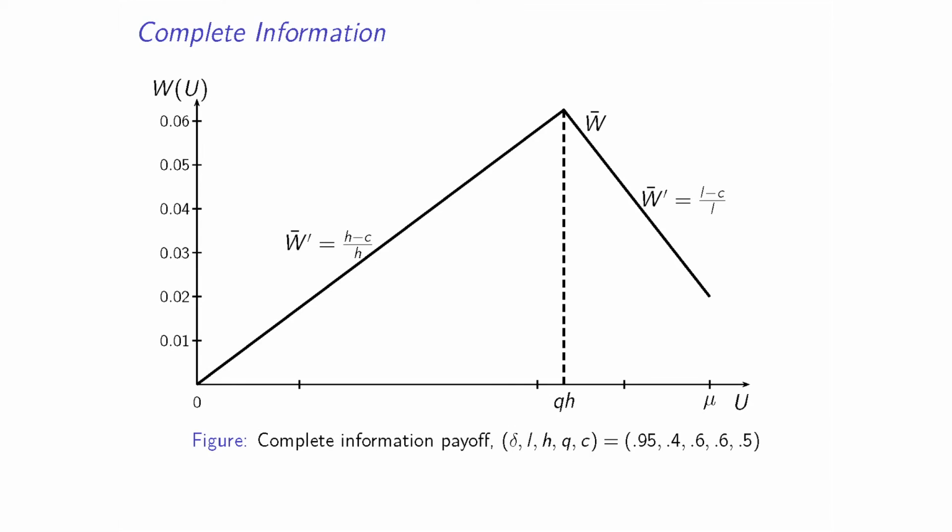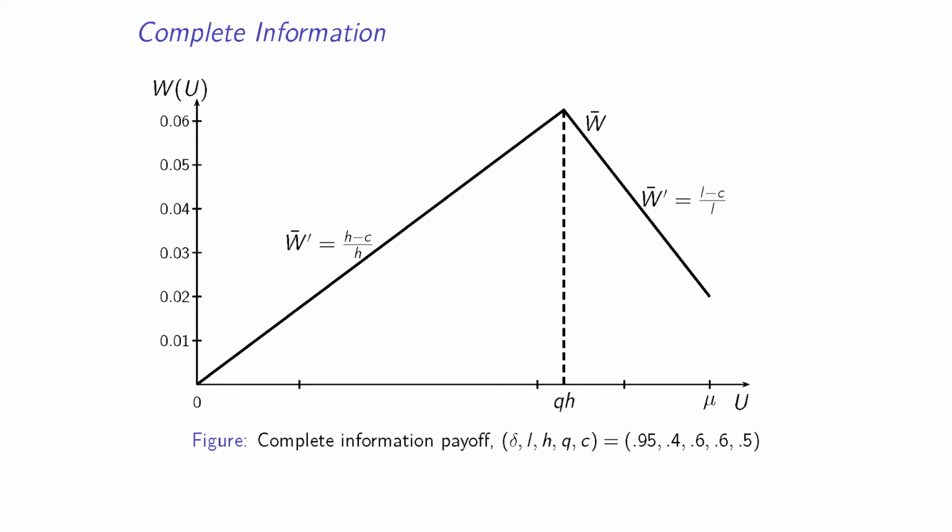The x-axis is the agent's promised utility, and the y-axis is the principal's payoff. And QH is the very first best for the principal. Below that, the best policy is to provide only if the valuation is high. Above that, the best policy is to provide if the valuation is high, but I also need to provide the unit when the valuation is low with some probability.